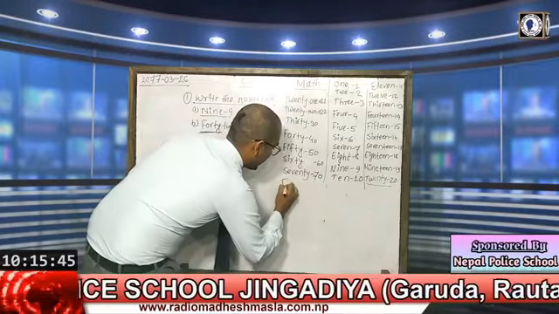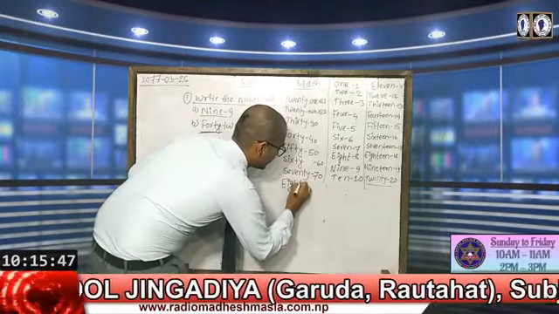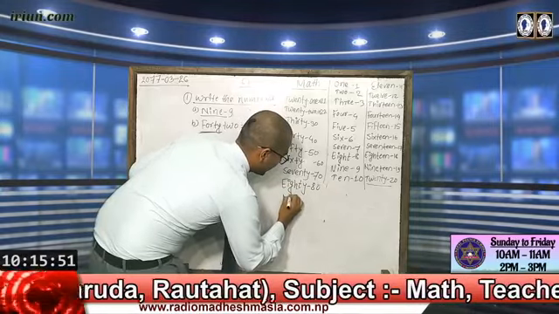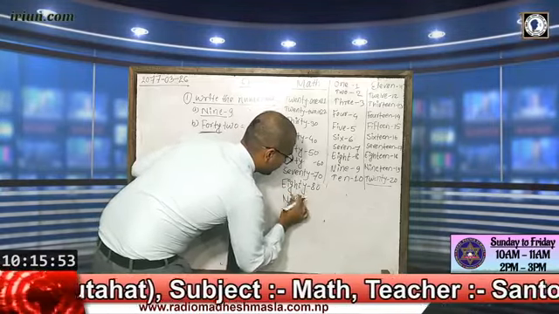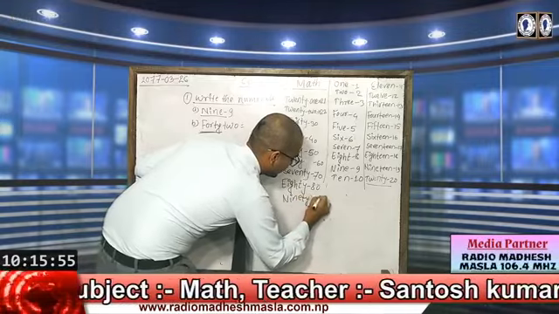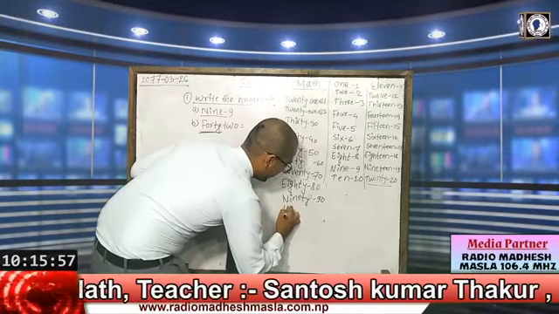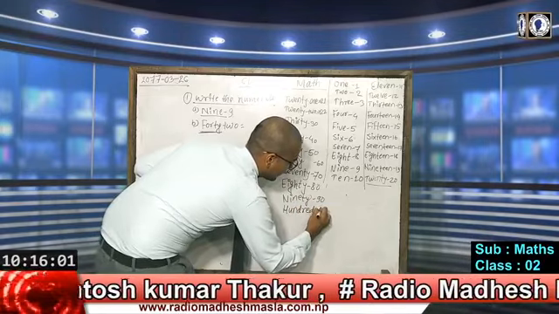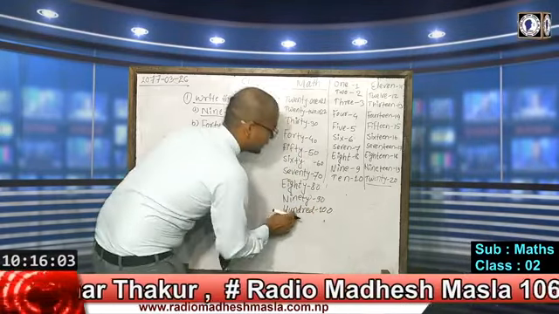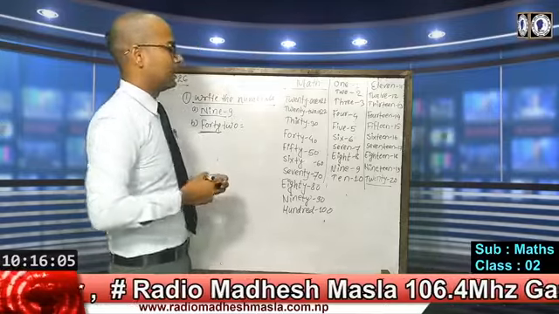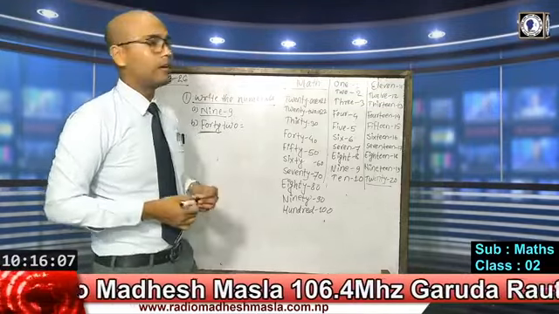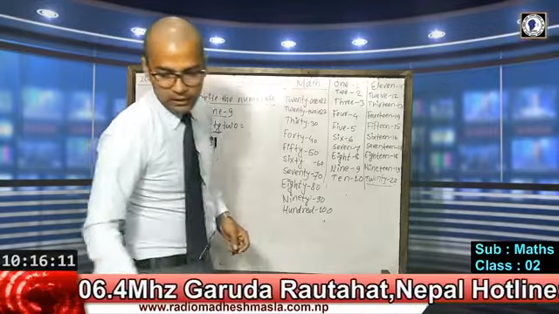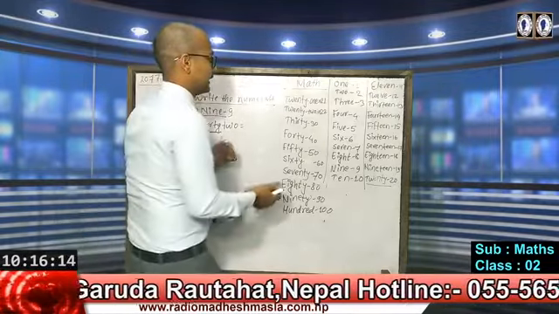Then EIGHTY 80, NINETY 90. Then after, HUNDRED, 100. Then again our numbers repeat after 100, like this.